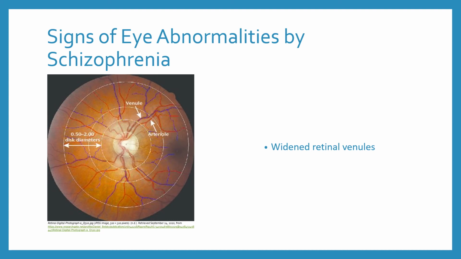They're all very reddish. And the one way to distinguish between venules and arterioles is by the width. Venules are generally wider than the arterioles. But what I mean by widened retinal venules is that the discrepancy of the width between the venules and the arterioles is exaggerated in those with schizophrenia. So they will look abnormally larger and wider.